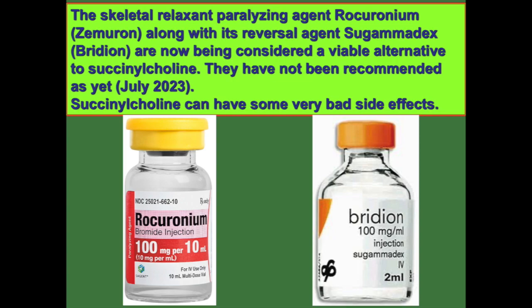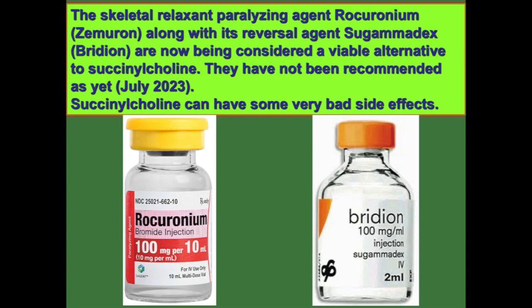One of the newer methods that's been recommended by at least the American Association of Nurse Anesthesiologists and the American Society of Anesthesiologists is the use of Zemuron. It's also known as rocuronium, and it's a non-depolarizing muscle relaxant, where succinylcholine is a depolarizing muscle relaxant.